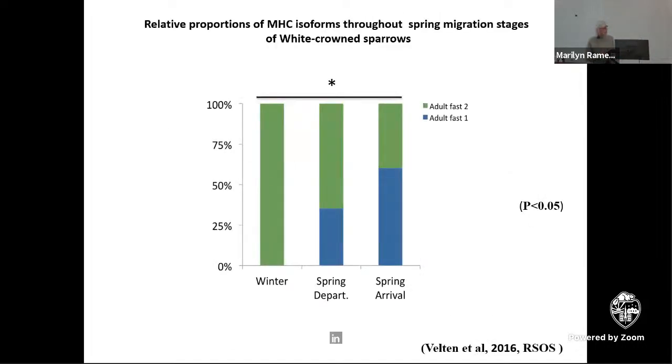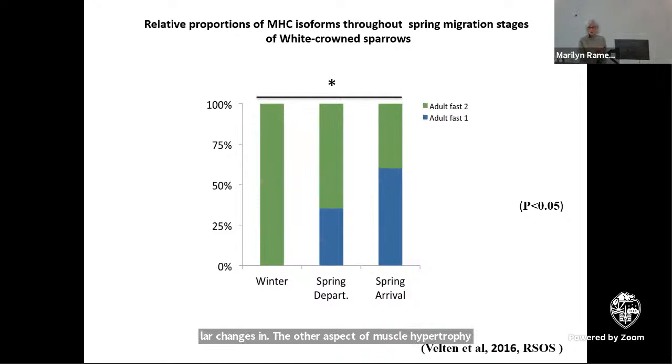The other aspect of muscle hypertrophy could be due to changes in myosin heavy chain isoforms. So within the myosin complex, within the contractile unit, myosin has these different isoforms that could affect contractility.